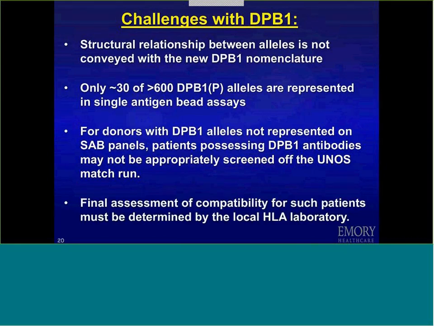What that leads to is that the final assessment of compatibility for such patients has to be determined at the local level by the HLA laboratory personnel, directors, supervisors, and staff. You get offered a kidney in the middle of the night, and it's typed as a DP 257:01. Well, what do you do with that? How do you handle that kind of data?